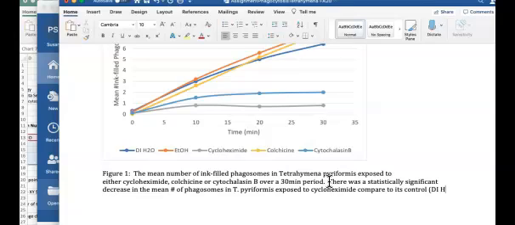And then you could write something different, something separate for the cytochalasin B.